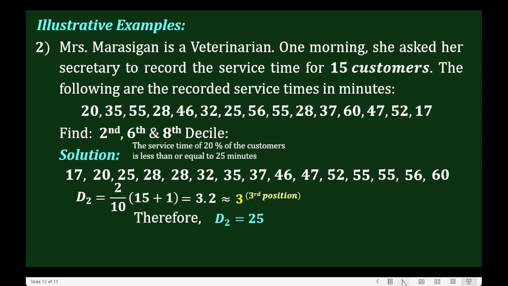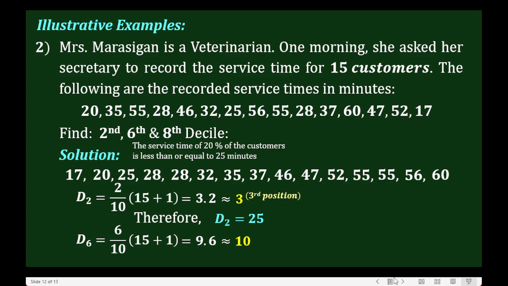Now, what about the sixth decile or D sub 6? Using the same formula, this time, instead of 2, we replace it by 6, then over 10, multiplied by the same quantity, 15 plus 1. And this time, the result for D sub 6 is 9.6, or approximately 10.